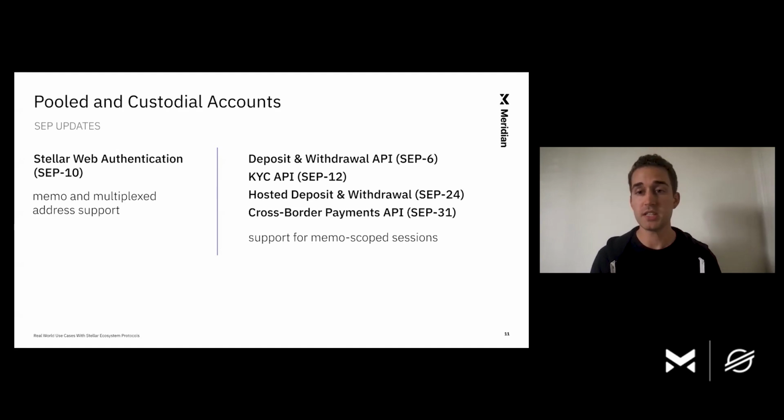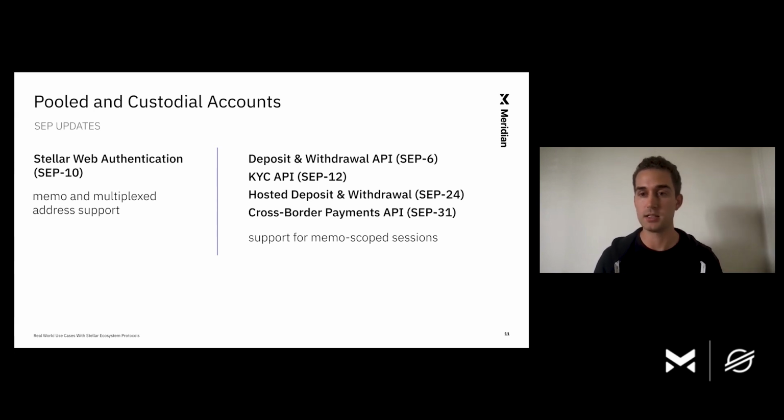Specifically, what did we do to our protocols to enable this support? Well, we did two things. The first was that we adapted our Stellar Web Authentication Protocol, or SEP10, an authentication protocol that is a prerequisite for initiating transactions in most of our other standards. So if you want to facilitate a withdrawal, like I've been going through in prior slides, you first have to authenticate with SEP10, proving that you're the account holder of the account that you want to withdraw from.